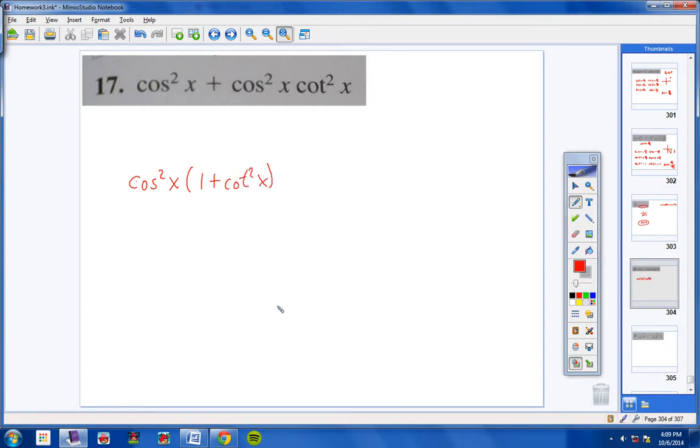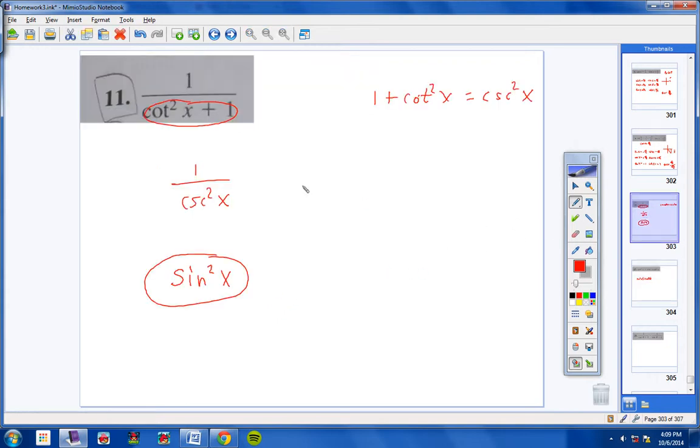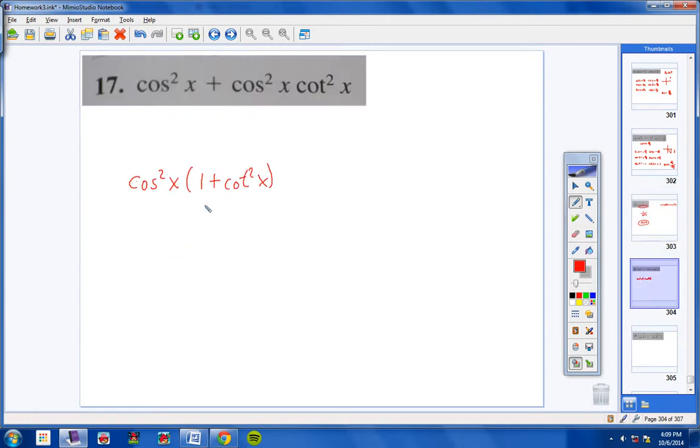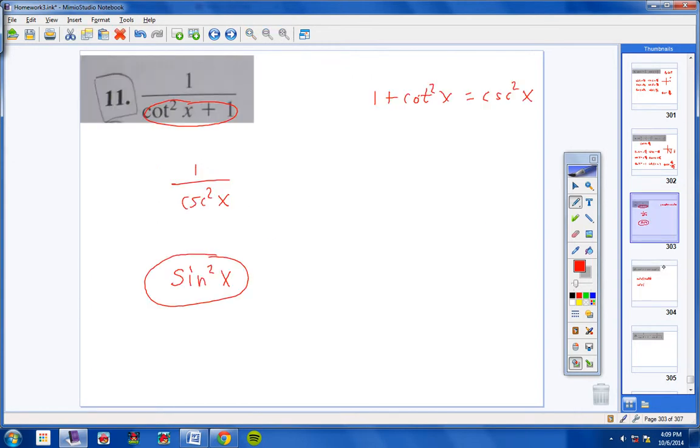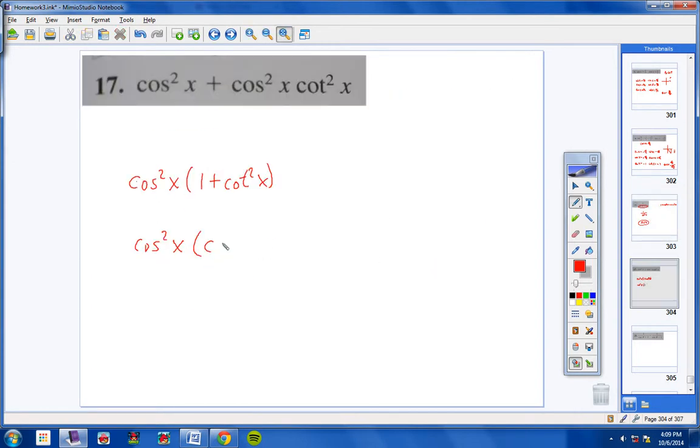Okay? Pretty simple. Now, let's go back to our last problem here. Remember, 1 plus cotangent squared is cosecant squared, okay? So I'm going to put cosecant squared. So now I'll have cosine squared, and then here I'll have, and what was it again? It was cosecant squared. Now, what else could I do here?